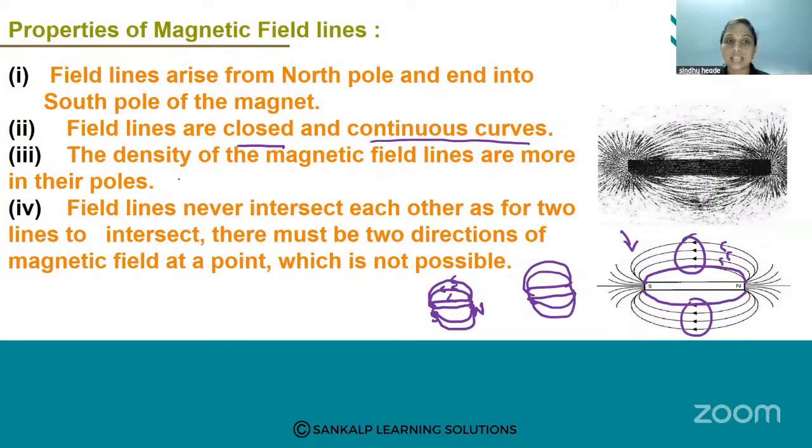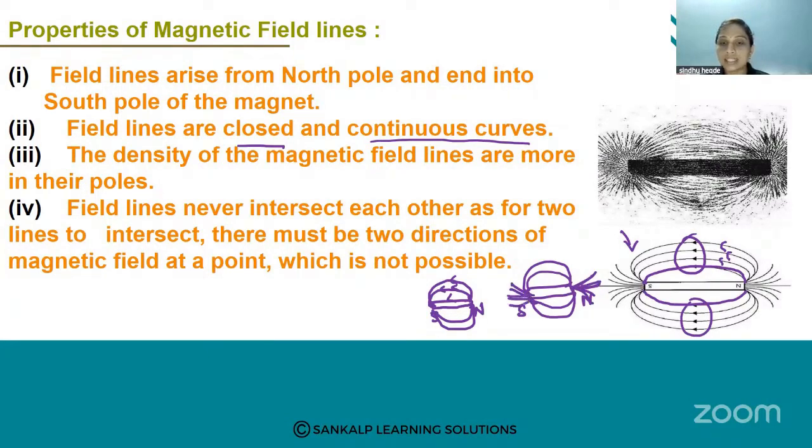And what does the next property tell? The density of the magnetic field lines is more at the poles. See, observe this. This is the pole, south and north pole. Here also magnetic field lines are generated, right?